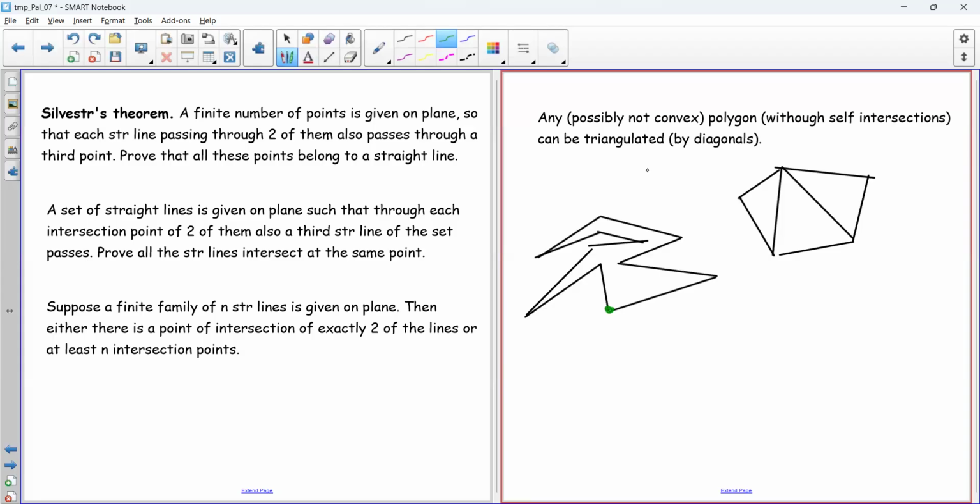In all these problems, the key to solving the problem would lie in considering the extreme element.